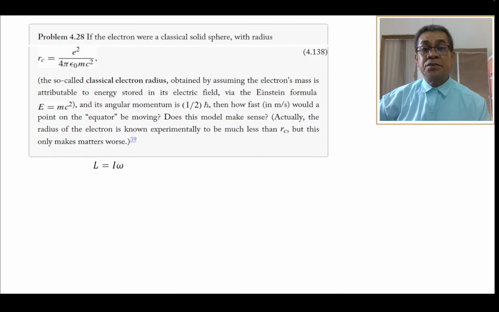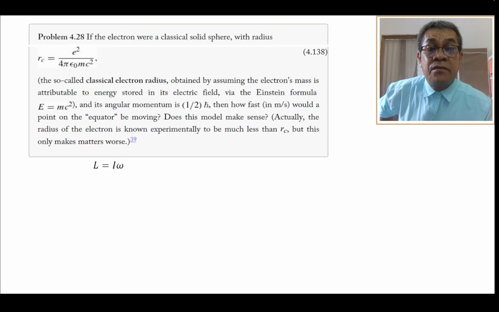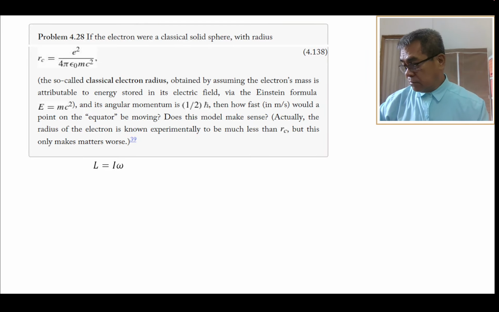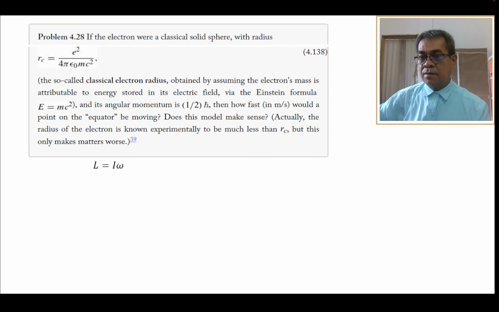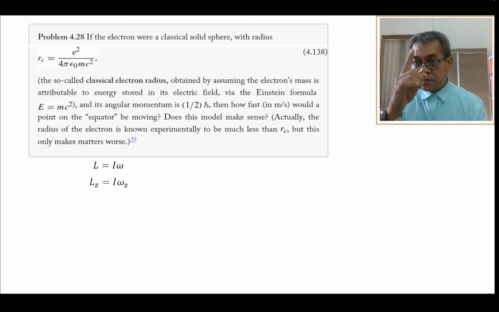In order to solve this, remember that the angular frequency is a function of velocity, and we are to solve for the velocity of the particles. So this is now with respect to z, so we focus on z.